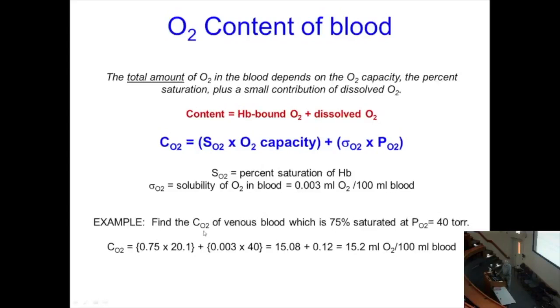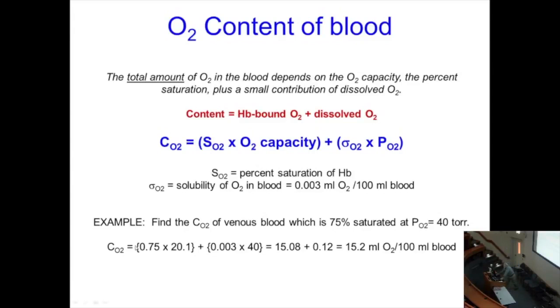Let's say we want to find the oxygen content of venous blood, which is 75% saturated, and the PO2 is 40. So the content is the percent saturation, 75%, times the oxygen capacity, which we've already calculated, 20.1, because this person has 15 grams of hemoglobin.